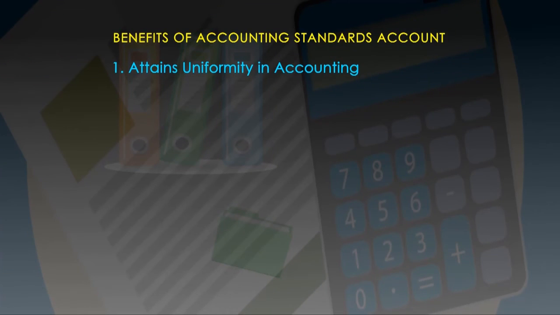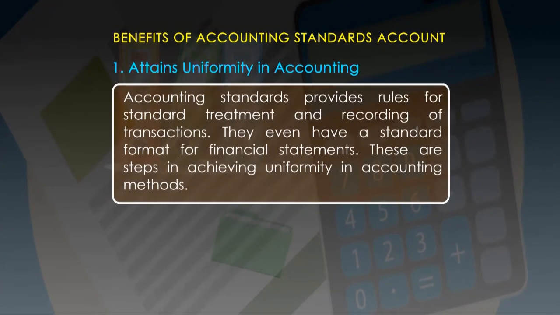Number one, attains uniformity in accounting. Accounting standards provide rules for standard treatment and recording of transactions. They even have a standard format for financial statements. These are steps in achieving uniformity in accounting methods.